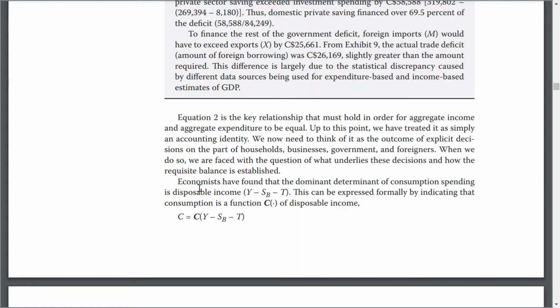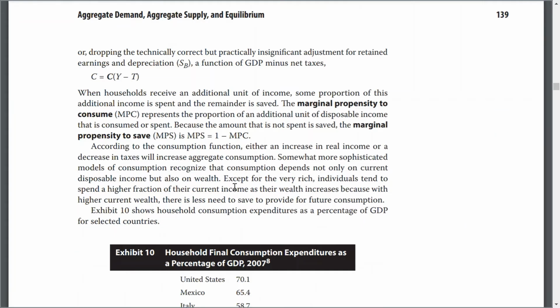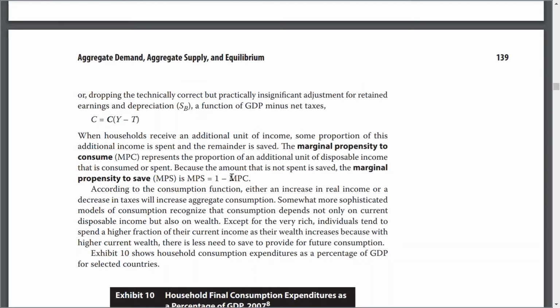This can be expressed formally by indicating that consumption is a function of C, of disposable income. Or, dropping the technical correction for insignificant adjustment for retained earnings and depreciation, a function of GDP minus net taxes. When a household receives an additional unit of income, some proportion of its additional income is spent and the remainder is saved.